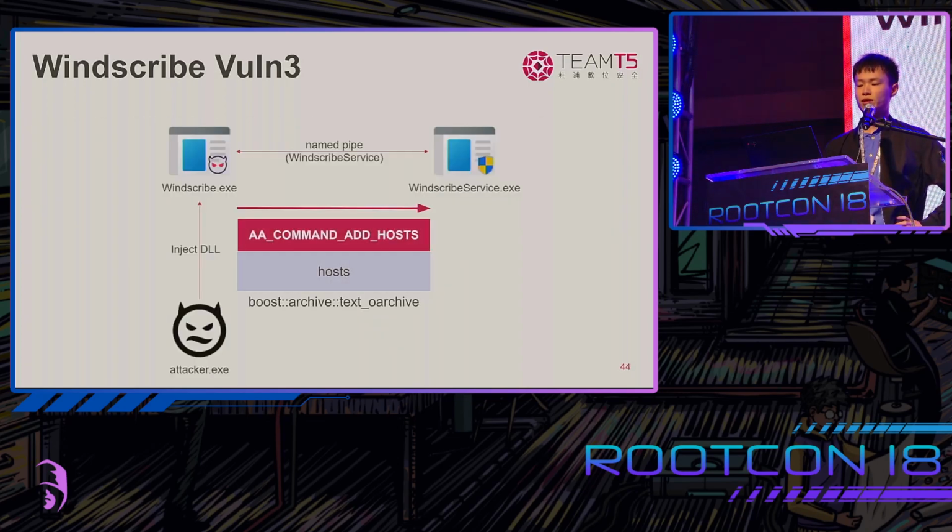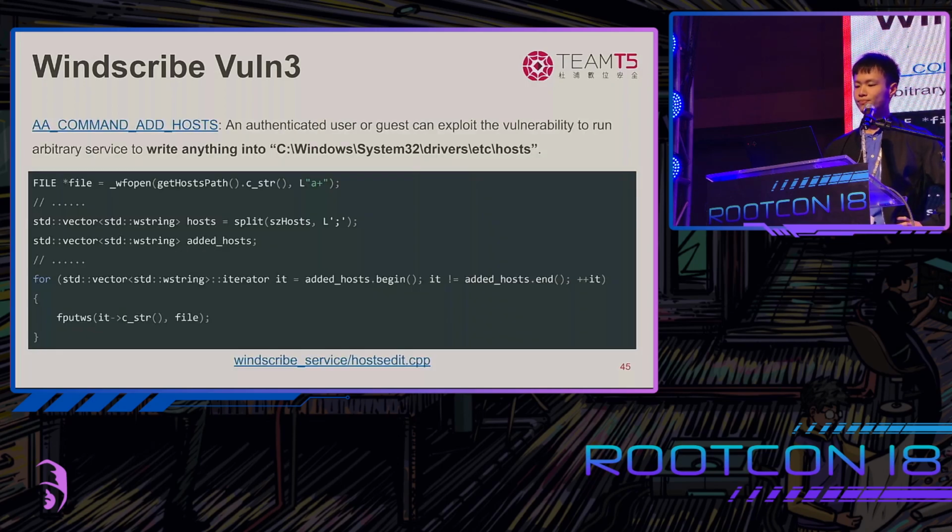The third vulnerability is in CMD_ADD_HOSTS, where the input parameter is hosts. From the name, it seems this function is intended to modify the hosts file. The hosts file here refers to the etc hosts file, which on Windows is located at Windows\System32\drivers\etc\hosts.